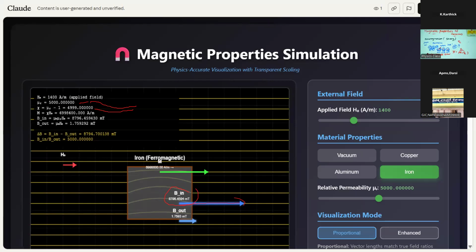Clear? Okay. So now we can go into another simulation, that is the hysteresis loop. I will share the screen.